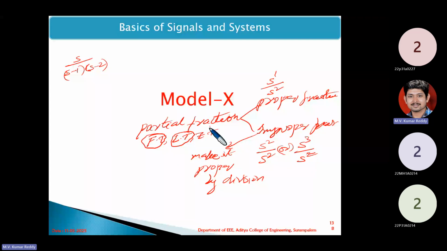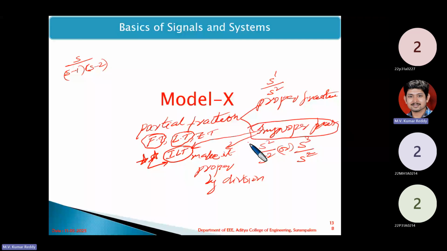In inverse Laplace transformation, these partial fractions are very, very important, because particularly they give problems on inverse Laplace transformation, that too with an improper fraction.